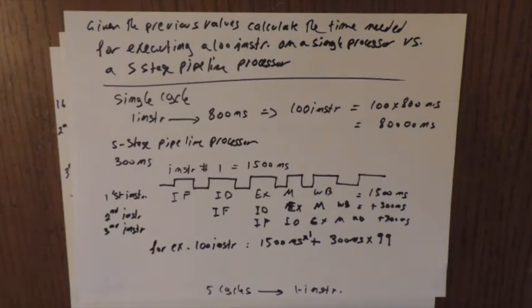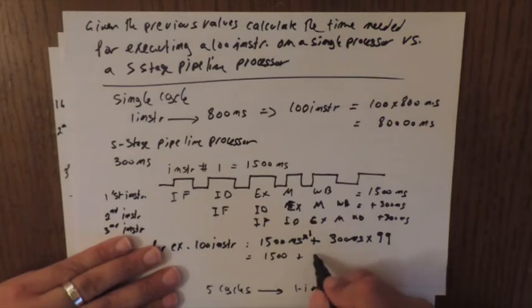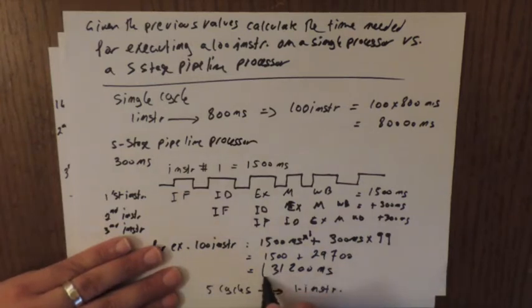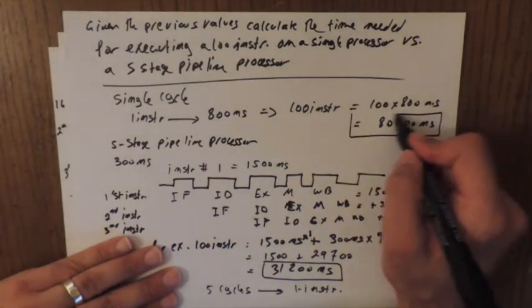So now if I want to calculate the value 99 times 300, this will be equal to 1,500 plus 29,700, and the total will be 31,200 nanoseconds.